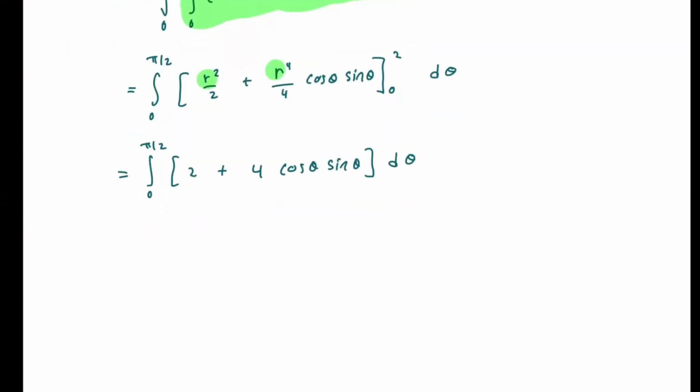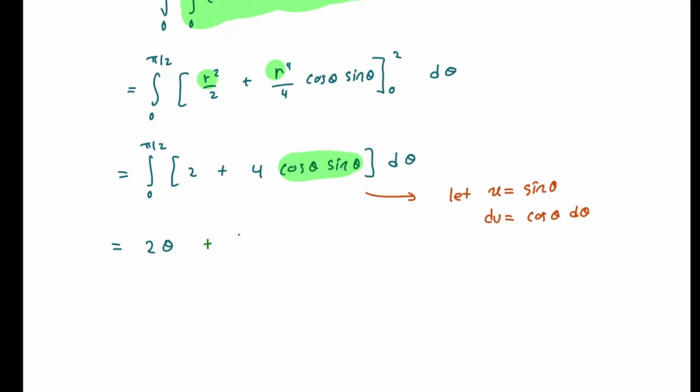When you integrate 2 with respect to theta, that's 2 theta. Now for this term, you need a tiny u substitution. I'm going to let u be sine theta, then du is cosine theta d theta. So it's a nice fit. This eventually becomes the integral of u du, so it'll be u squared over 2, and then I substitute u back into the final result.